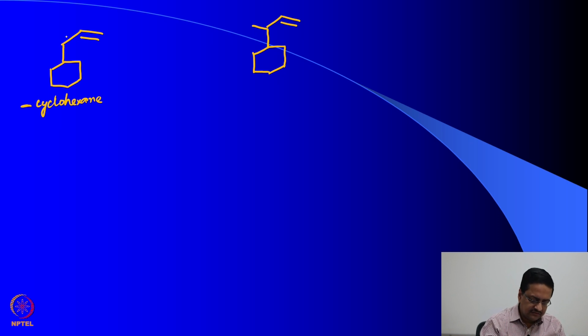Sorry, I have not drawn it right. So, this has 4 carbon atoms connected. So, this is a butane group, or rather butene, and what we have at 3 position is an ene. So, it is 3-butene.